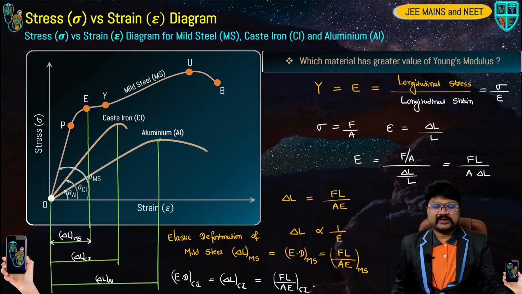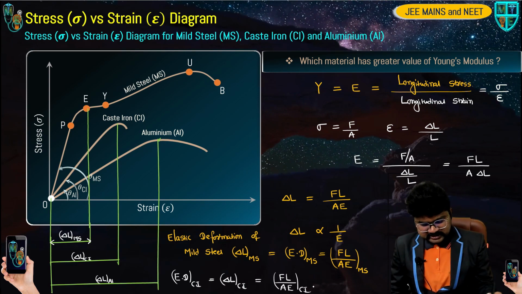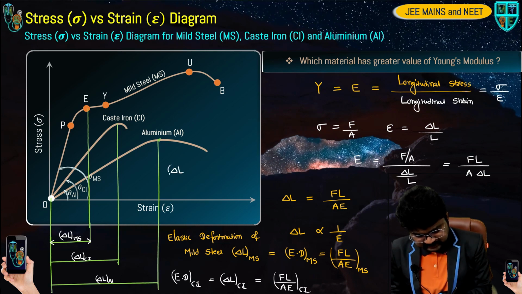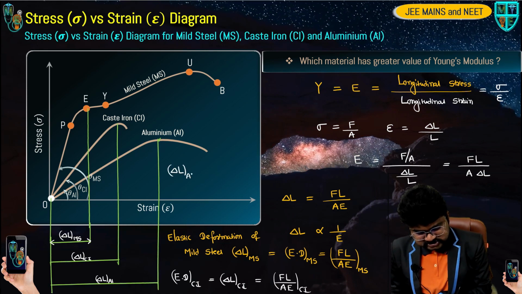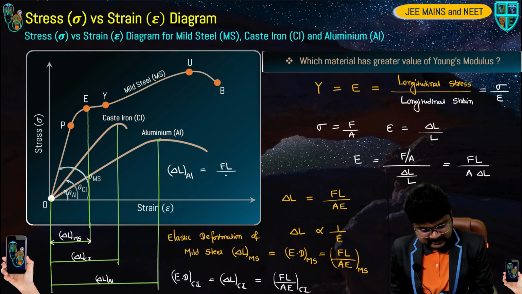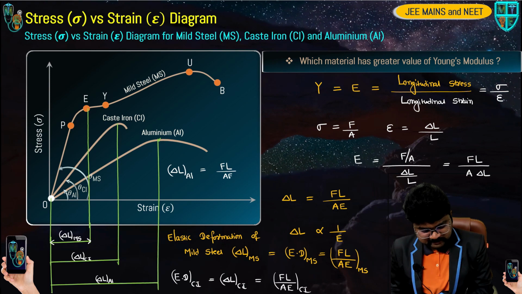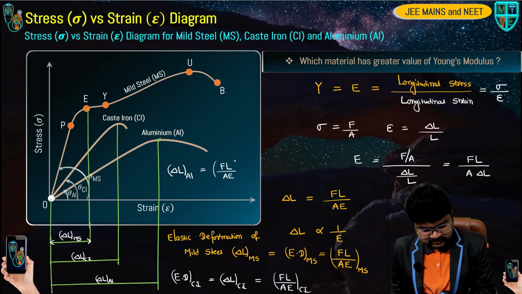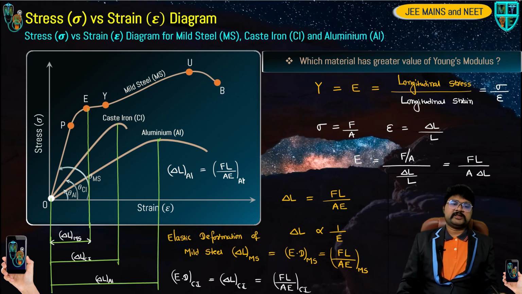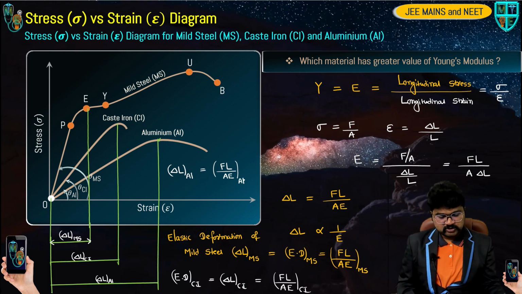You can directly take it. So here I can write elastic deformation of aluminium, F L by A E aluminium. So you can write what is the load acting on the aluminium specimen, length of the specimen, area of cross section, and Young's modulus.